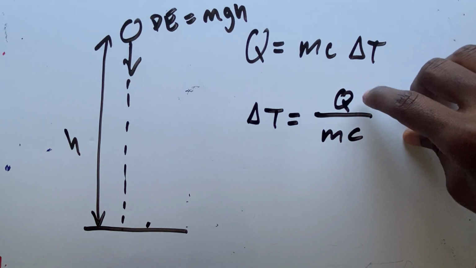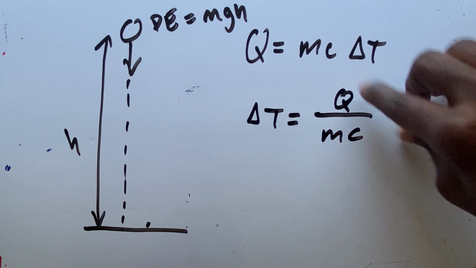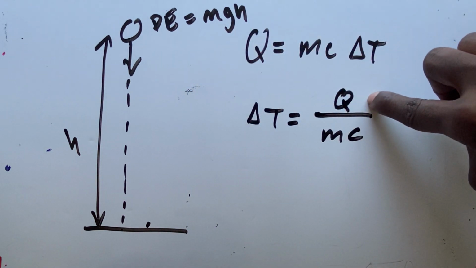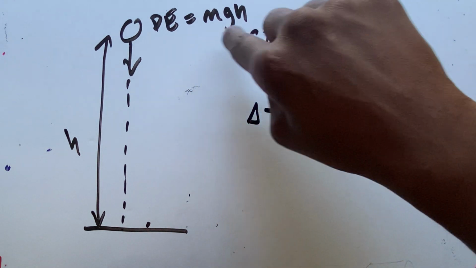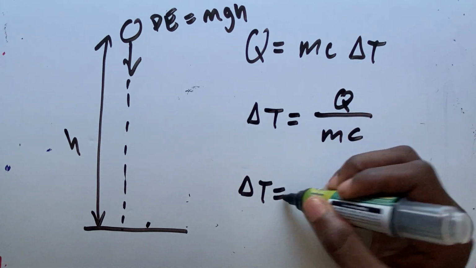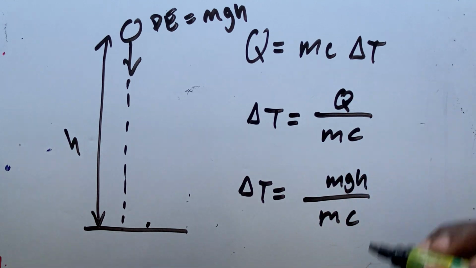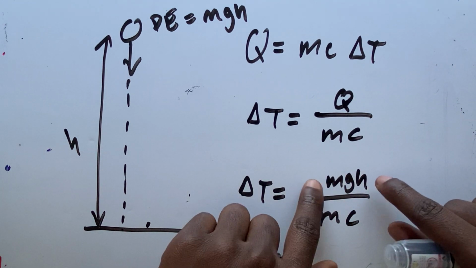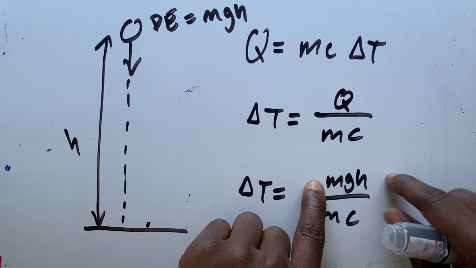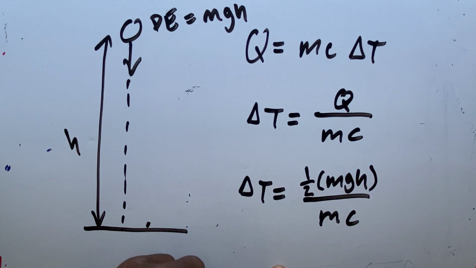So since Q, or heat, is a form of energy, and potential energy is also a form of energy, we can actually rewrite Q as mgh. But it says only half of that energy is going to be transferred into heat, so we can cut that in half.